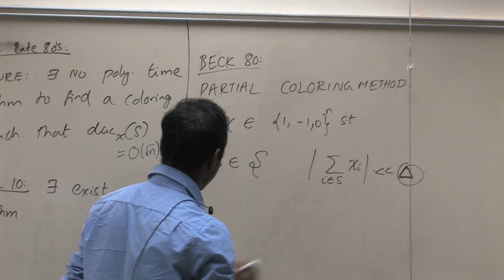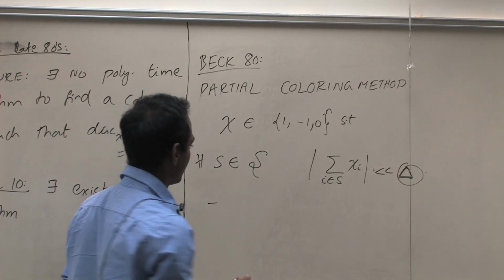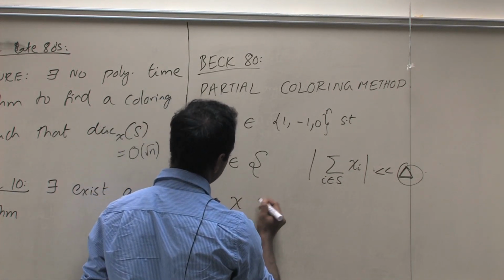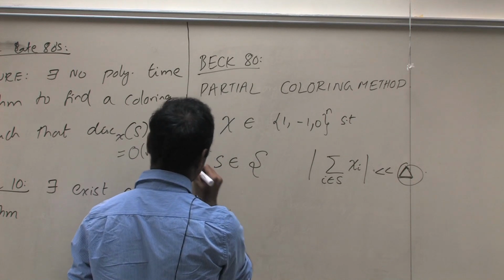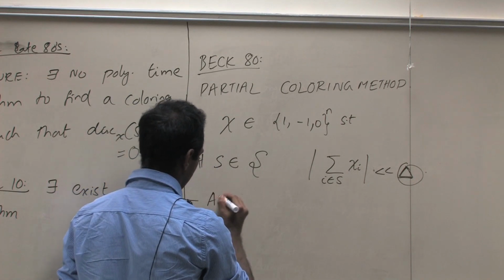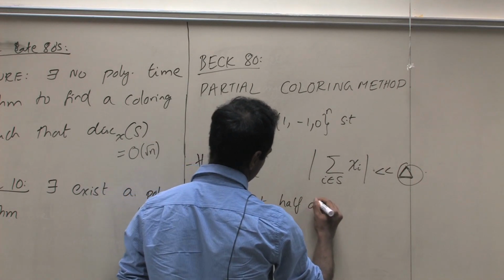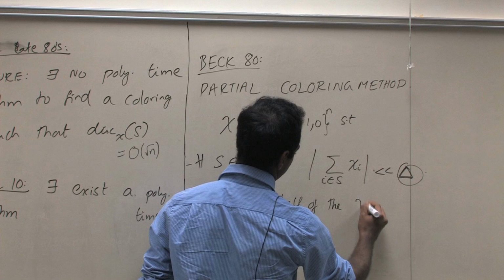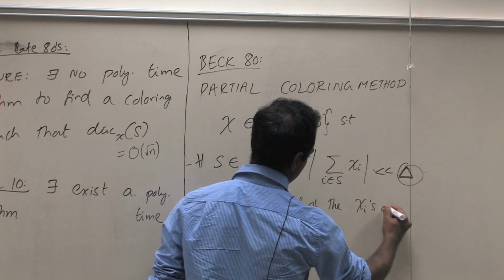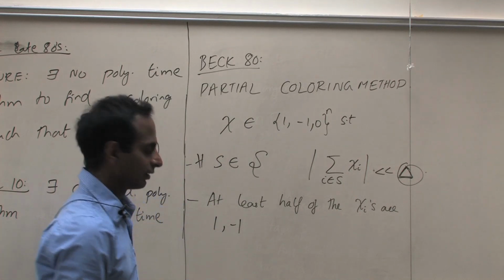Well, not quite so fast, and here's the twist. You want chi such that this is true, and most importantly, at least half of the chi i's are 1 or -1.